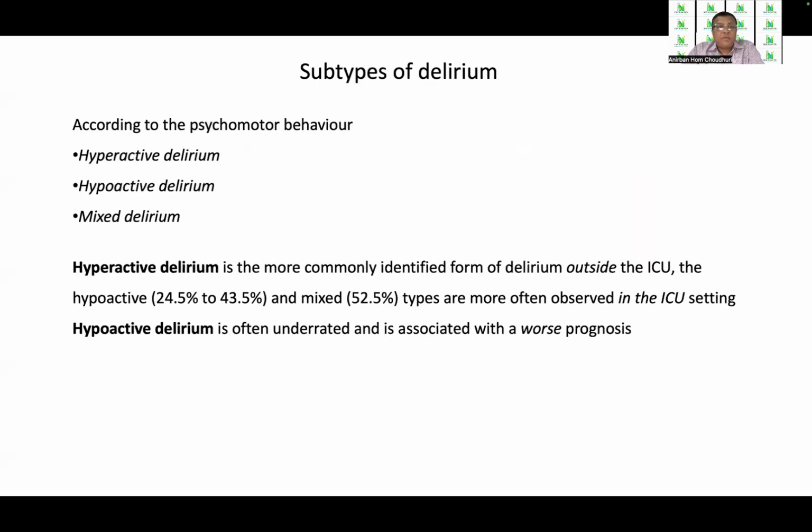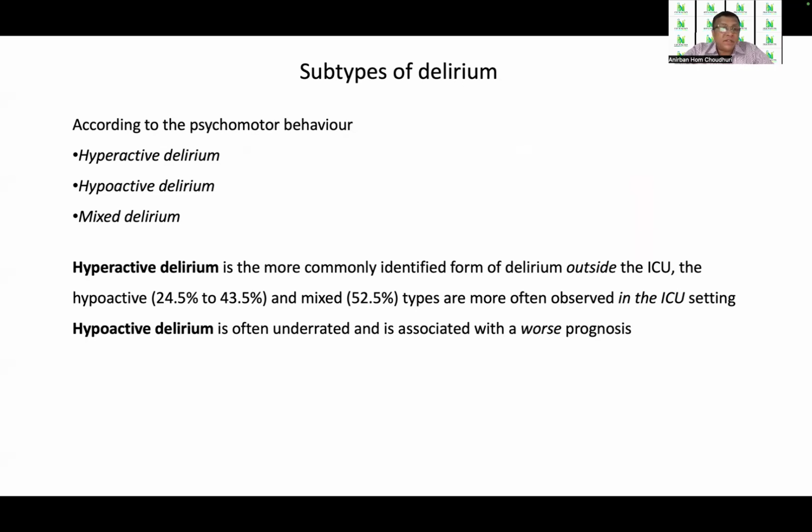So as I mentioned before, there are certain subtypes of delirium. Acute psychosis was the term used in earlier days to refer to hyperactive delirium. Now, this hyperactive delirium is the more commonly identified form of delirium outside the ICU, whereas in the ICU, we get the mixed type of delirium, that is hyperactive fluctuating with hypoactive delirium.